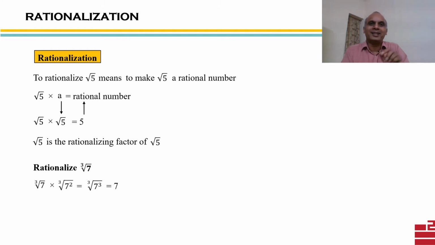So how do we identify what is going to rationalize a given irrational number like cube root of 7? But first of all, realize that cube root of 7 square was able to rationalize cube root of 7, so cube root of 7 square is the rationalizing factor of cube root of 7.